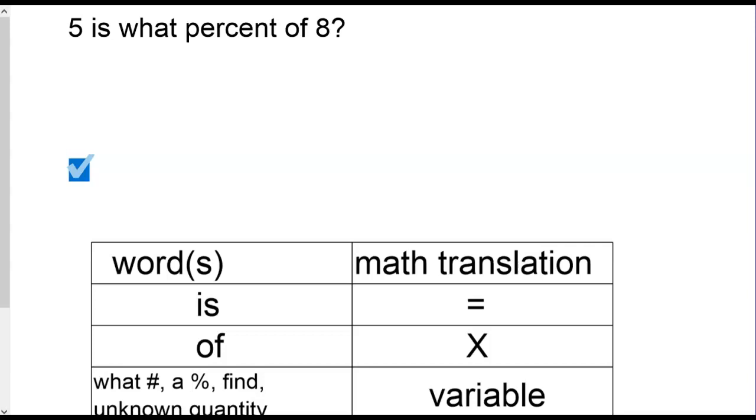All right, let's go ahead and attack this problem. We're going to bring this down and say, after translation, that 5 is, or equals, what percent, so we'll say y, we don't really know, of 8.